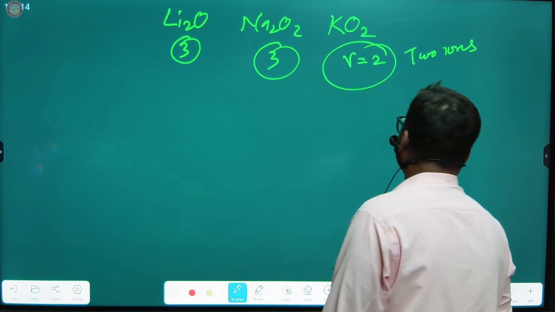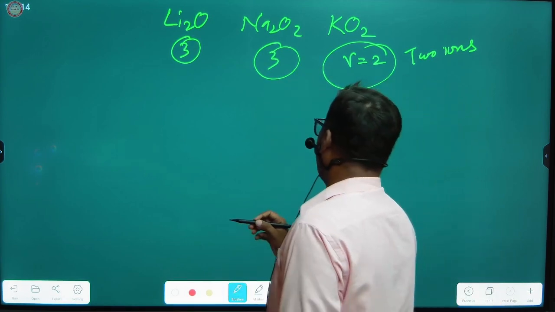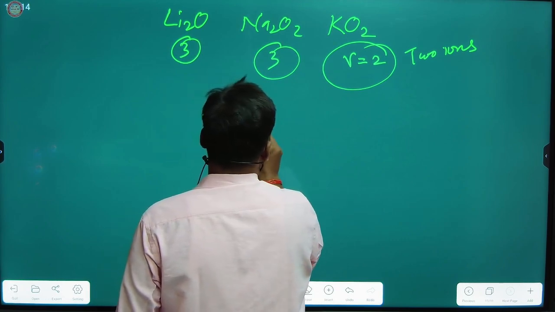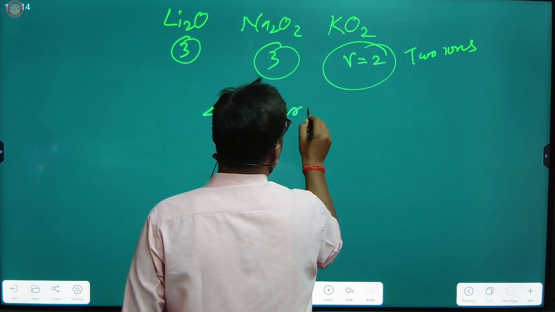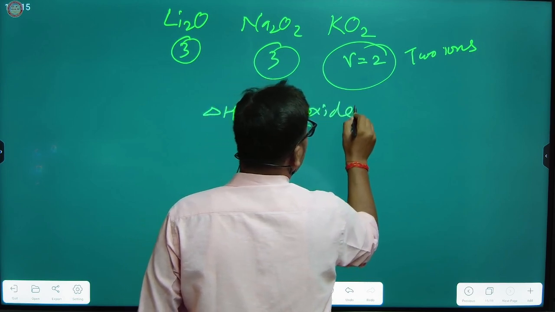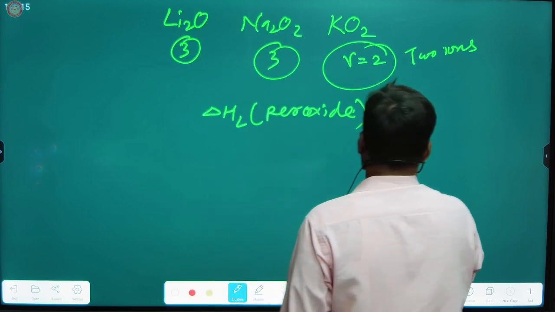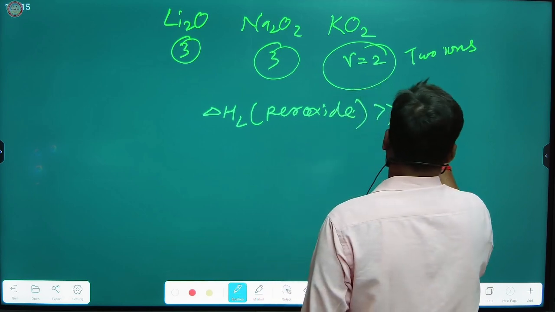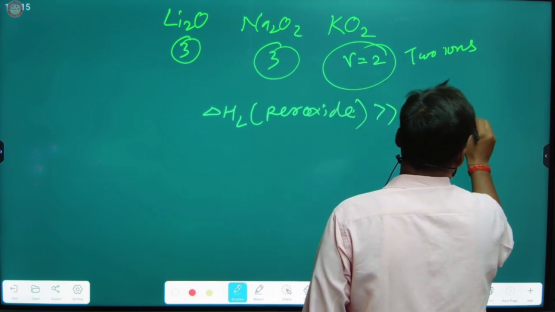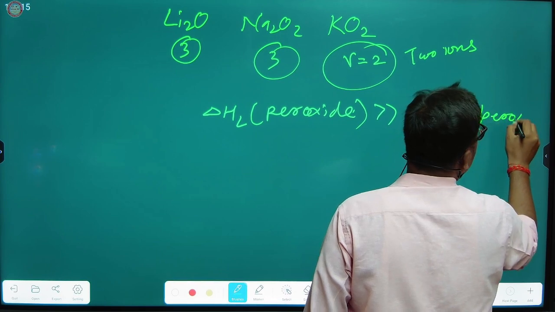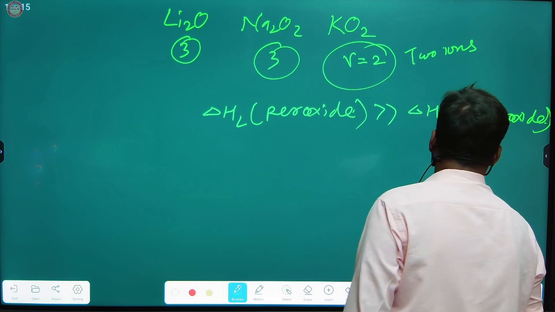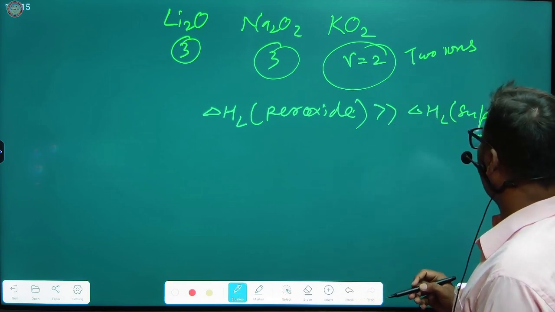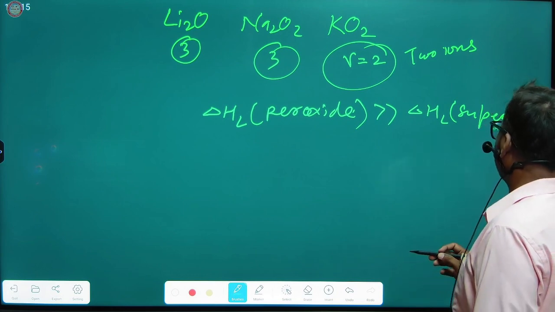So what do you expect for lattice enthalpy? The lattice enthalpy delta HL in case of peroxide is very high in comparison to the lattice enthalpy of superoxide, because of the number of ions in the unit structure formula.